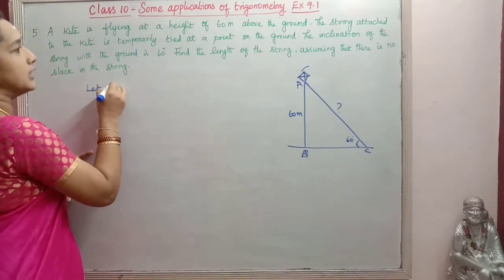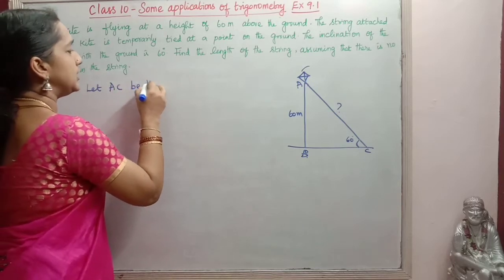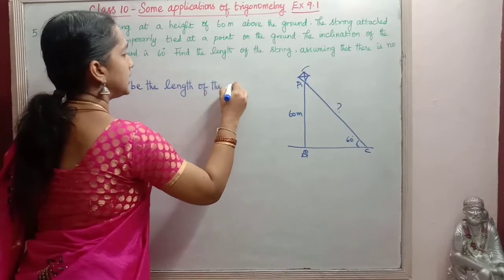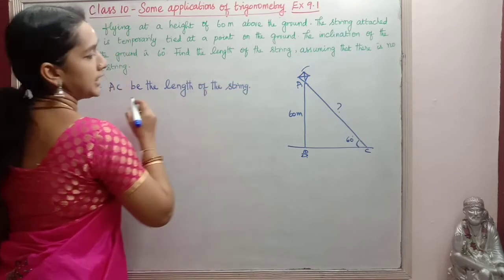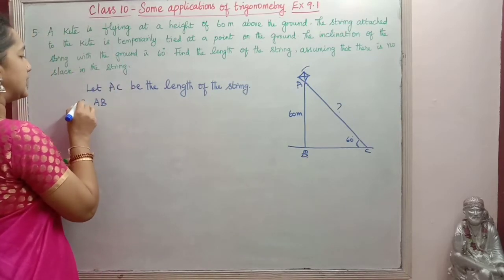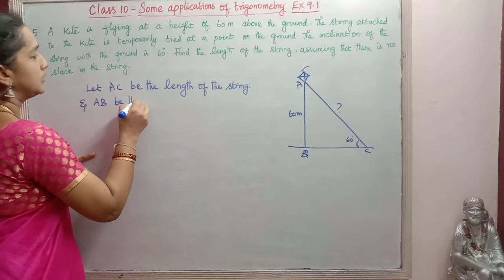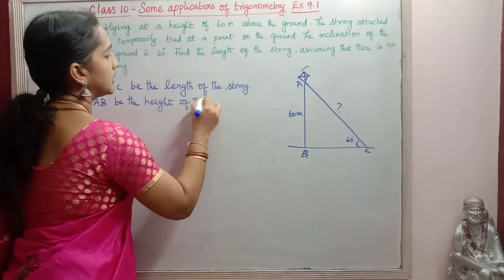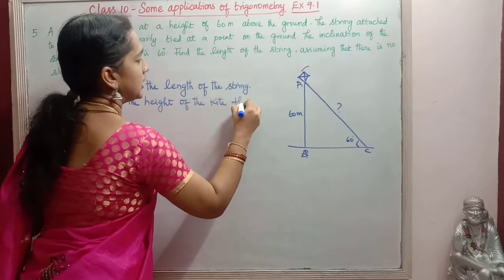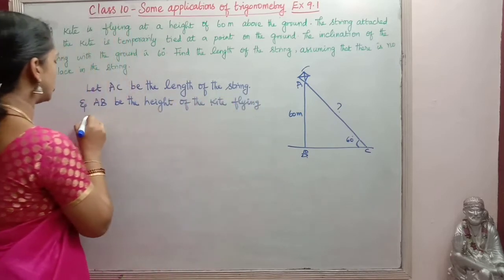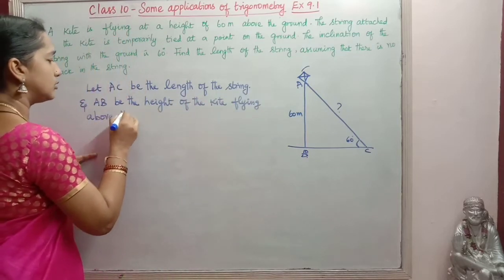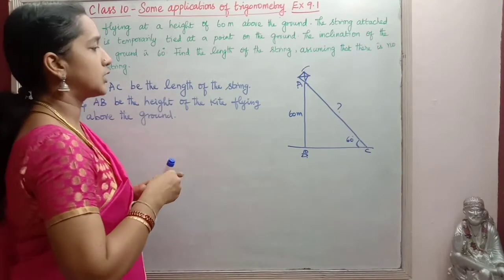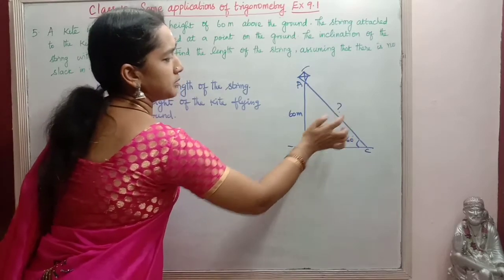Let AC be the length of the string, and AB be the height of the kite flying above the ground. Okay, so now this one is opposite by hypotenuse.